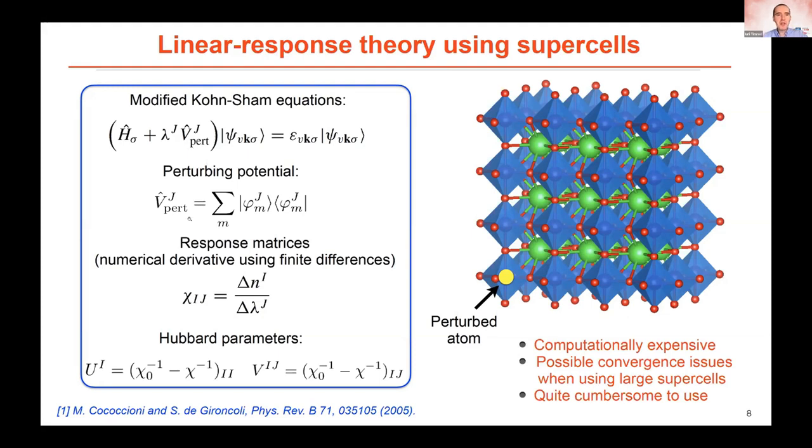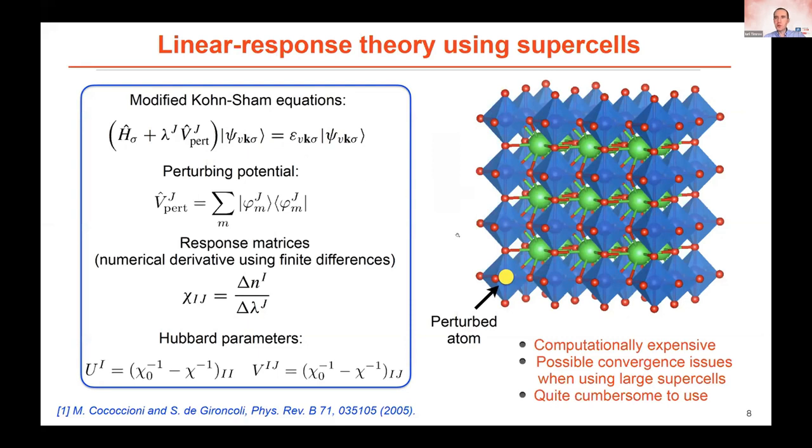The perturbing potential is simply the projection on the localized orbitals phi. And lambda is the strength of this perturbation. So in practice, we use some small positive value and some negative value. And this is equal to the eigenvalues multiplied by the wave functions.